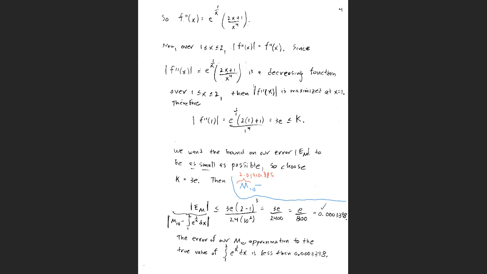If I were to look at the difference between that approximation and the true value of our integral, which only God knows, so to speak, or whoever you believe in, Buddha, whoever you believe in, the error between the approximation and the true value is going to be less than or equal to 0.0003398.